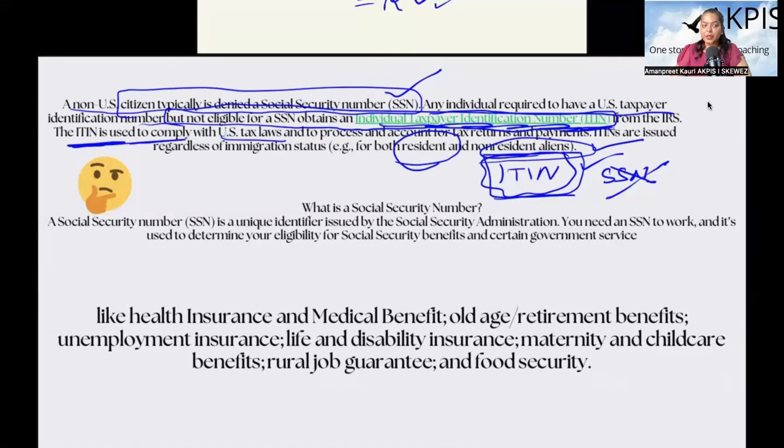But the common thing is that you are not a US citizen, but you are either a resident or a non-resident alien. So you don't have an SSN, so you are supposed to obtain an ITIN, individual taxpayer identification number. Why? To comply with US tax laws and to file your income tax return with the IRS.